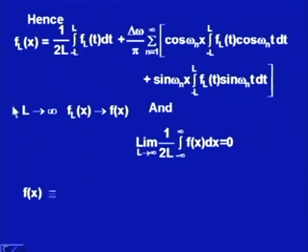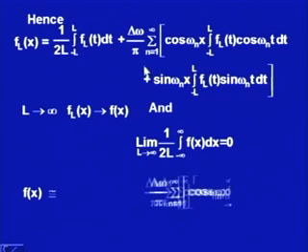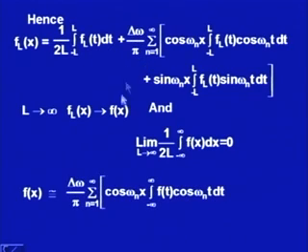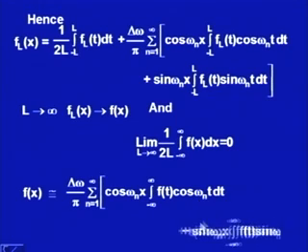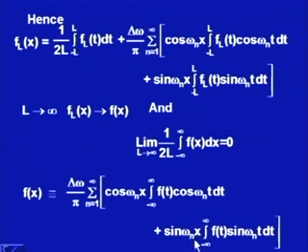So now I am taking the limit on both the sides. f_L(x) is approaching f(x), and this integral would be 0. I would be getting delta omega upon pi, summation n running from 1 to infinity, cos omega_n x integral minus infinity to plus infinity f(t) cos omega_n t dt plus sin omega_n x integral minus infinity to plus infinity f(t) sin omega_n t dt.